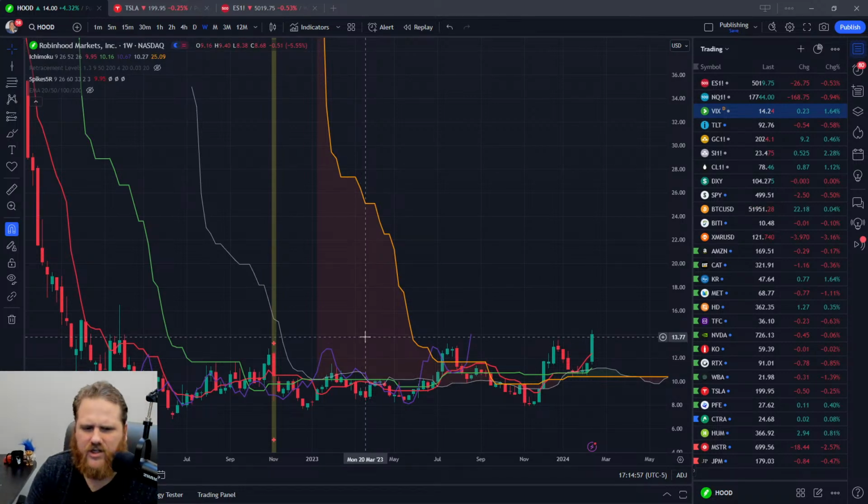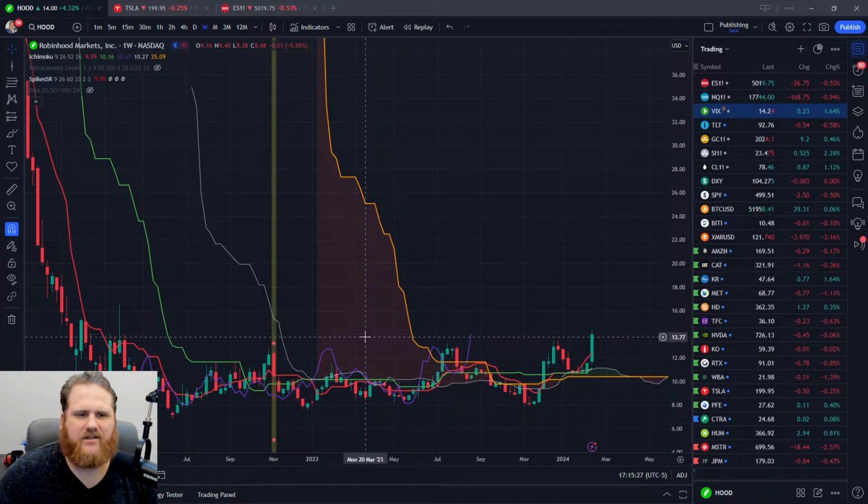This is officially breaking out bullish finally on the Ichimoku, but it's hard for me to get behind the company because they just don't offer anything for me as a trader. And they don't really have that much money because most of the people that use them are Gen Z and millennials who mostly blew all their money back in 2020 and 2021. And I don't really see what Hood brings to the market, but doesn't mean it's not good for a trade.